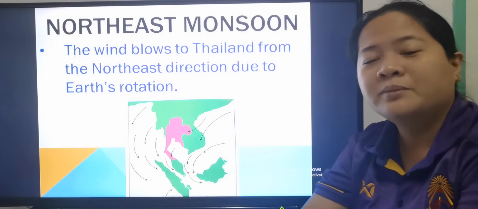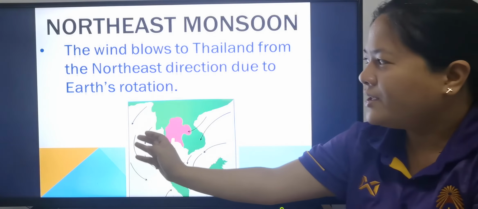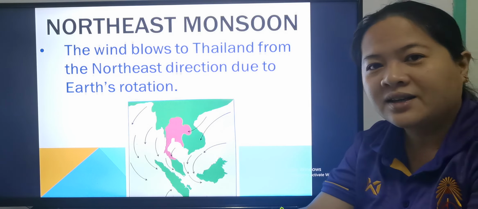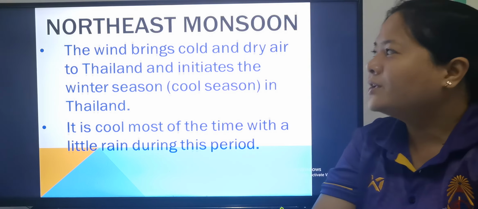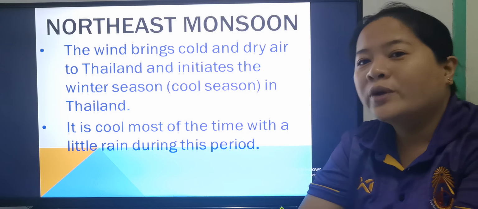But because of the Earth's rotation, it's moving from the northeast direction. It's from the north going to the east. I hope you understand.